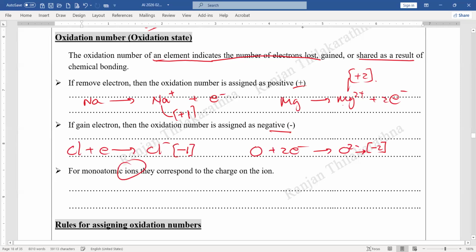In the case of monoatomic ions, the charge on the ion is the oxidation state. Sodium plus, potassium plus, hydrogen plus, the oxidation state is +1.